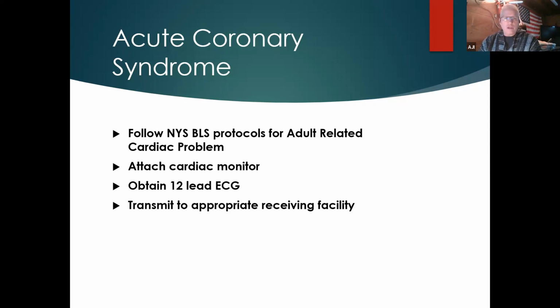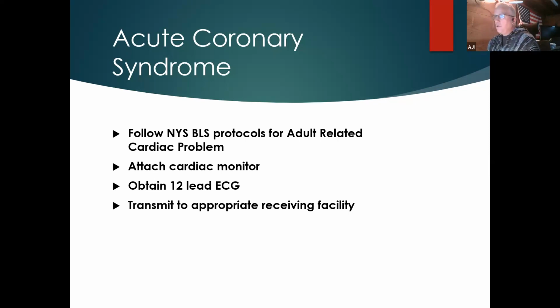There's also the New York State collaborative protocols. There is an app for that. Problem with that app is it's not updated constantly like the Muru app is. So keep that in mind moving forward, but let's talk 12 lead.